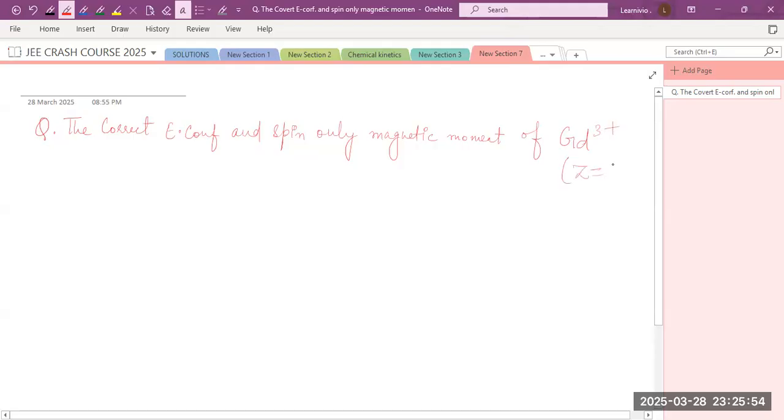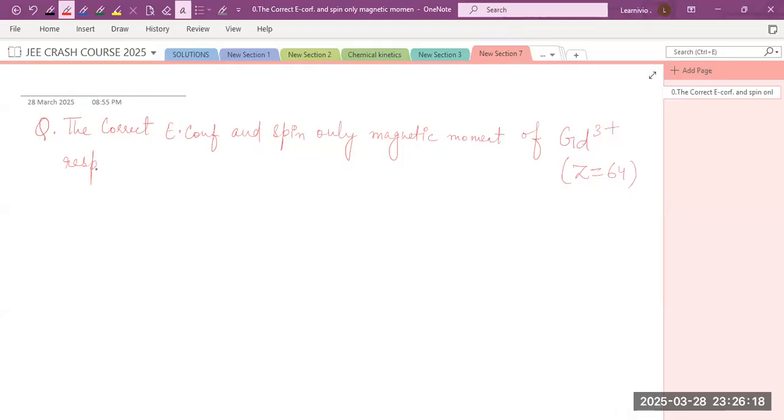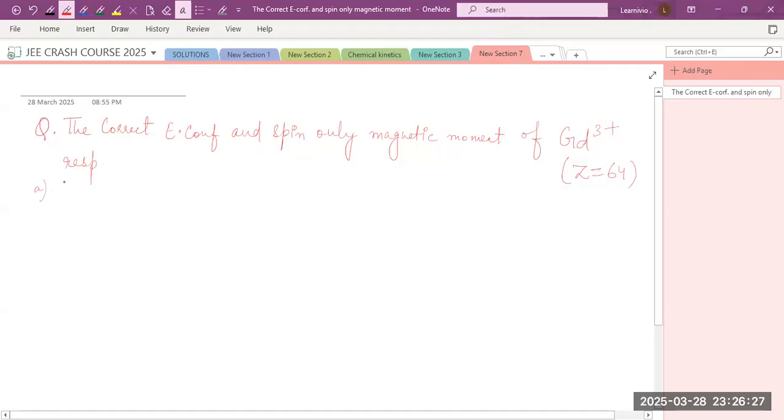The atomic number of gadolinium is given as 64. Tell me the correct electronic configuration and the spin only magnetic moment. You have to write down the electronic configuration first, and after that calculate the magnetic moment. Just solve it quickly. I'm giving the options over here: 4f7 and 7.9.